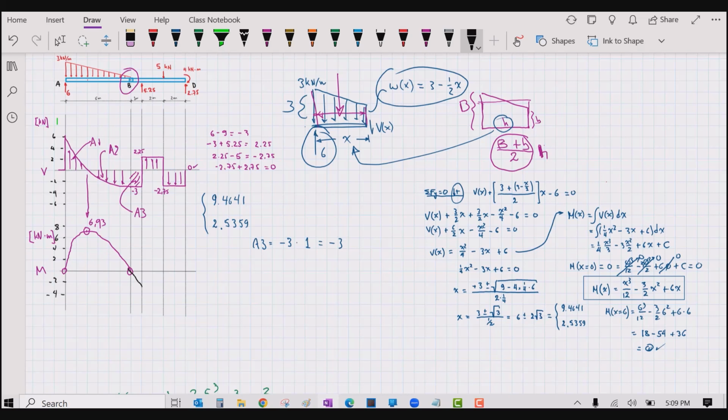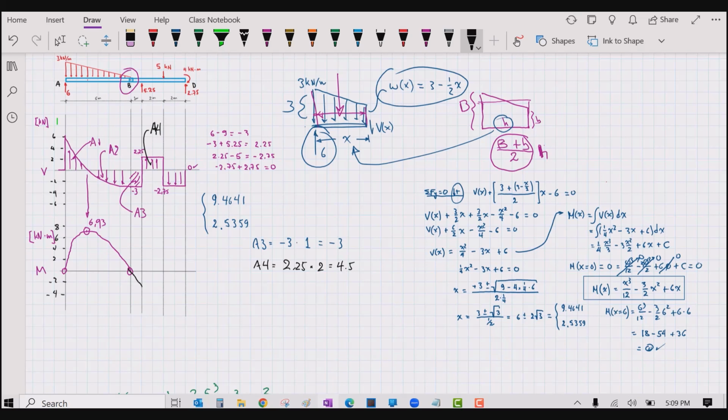Now we go for area 4. Area 4 will be equal to 2.25 times 2, so that will be 4.5.